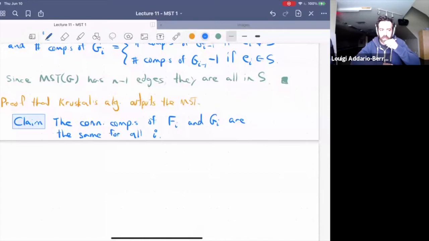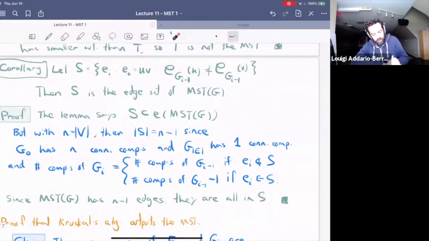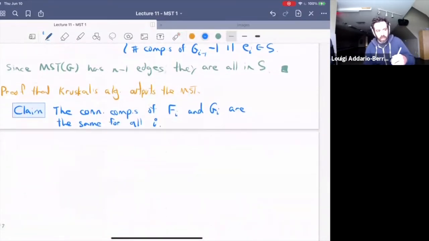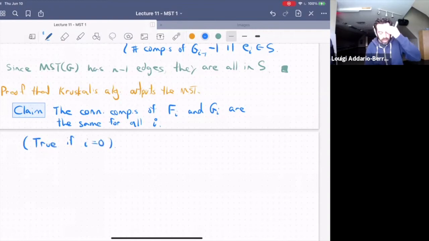Okay, and this might seem clear to you already, just from the fact that the edge set consists of edges that join distinct components of G. But let me quickly justify the claim with a picture. So let's think about what happens inductively. It's true if i is 0, then they both just have n distinct connected components, which are all isolated vertices.